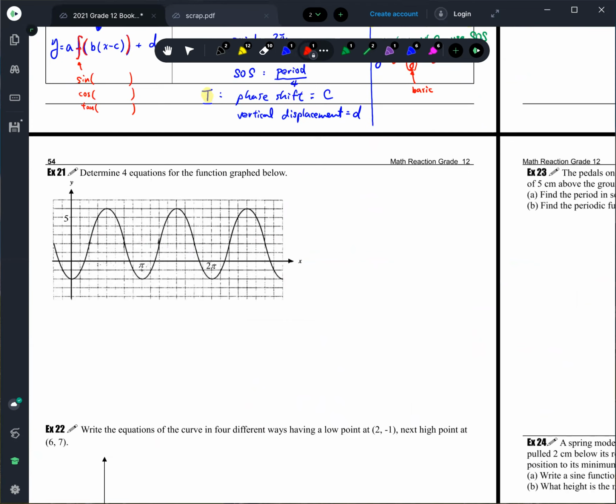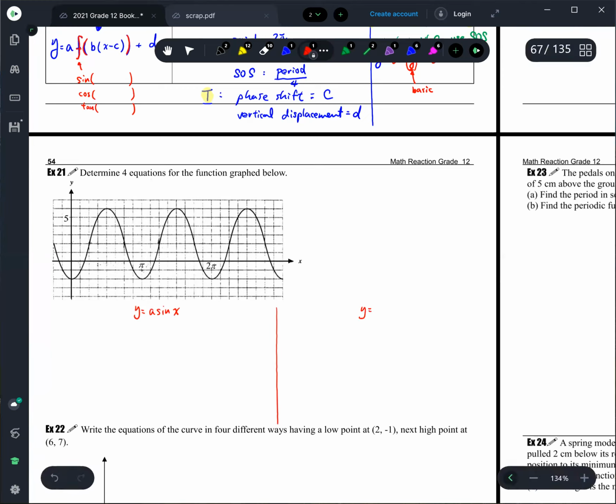On the left side, let's divide it in half first. On the left side, we're gonna do the sine graph. On the right side, we're gonna do the cosine equation.